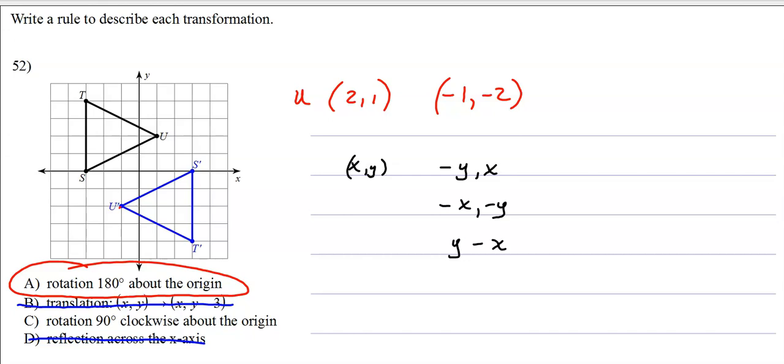So it looks like they both trade places and they both change signs. Oh wait, I did something wrong. I was like, man, it's none of them. I wrote that down wrong. It's 1, 2. So it looks like they stayed in the same spot, but they changed to opposites. So that's here, which was the 180. But visually, I could just see it. I didn't really need the rule.